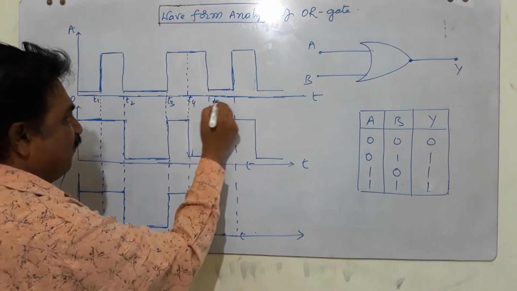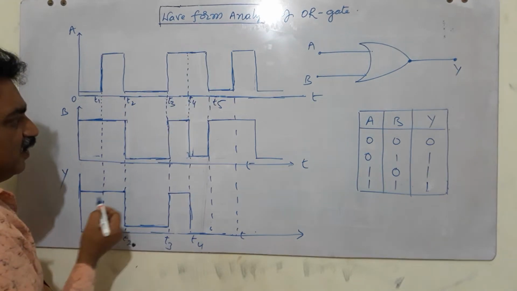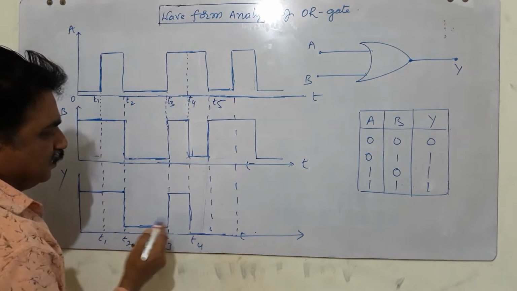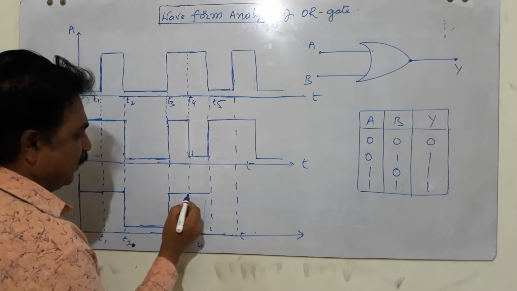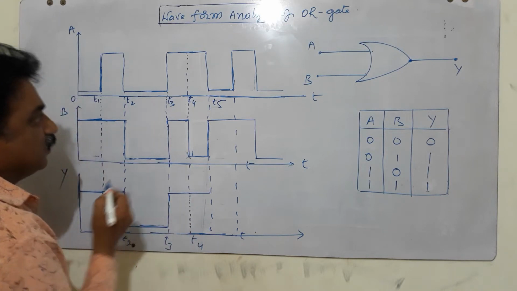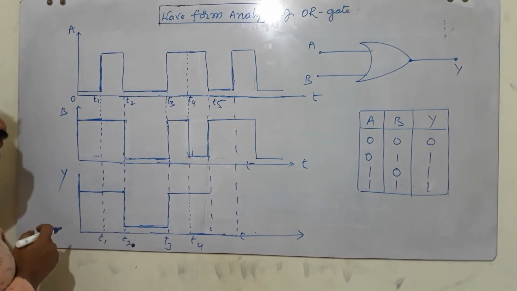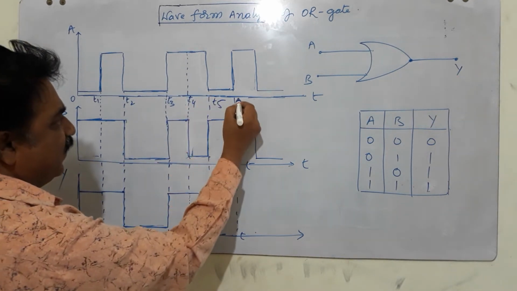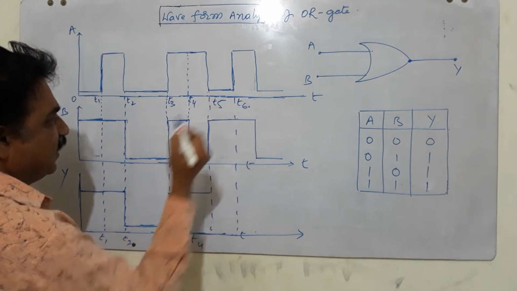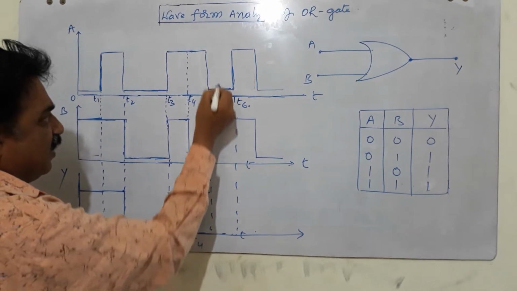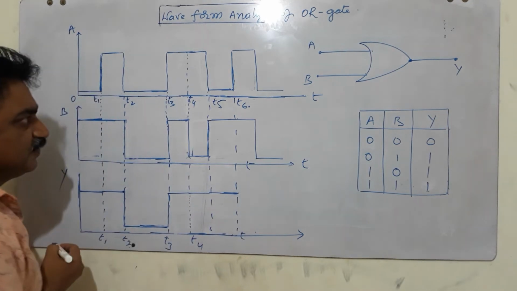From T4 to T5, the input A is high and B is low. Even if one of the inputs is low, the output should be high if any one of the inputs is high. And from T5 to T6, A is low but B is high. If any one of these two is high, the waveform is represented just like this.